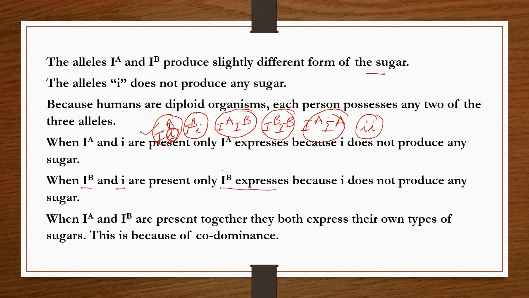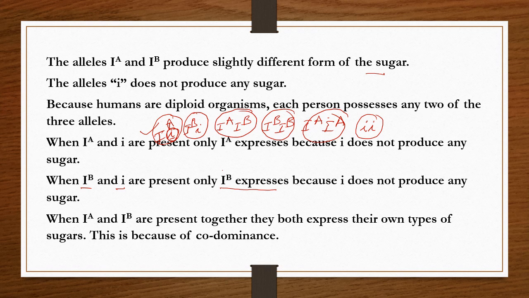In the combination of IA and small i, or IB and small i, always the respective IA or IB is expressed. Small i does not express anything because it does not produce any sugar.